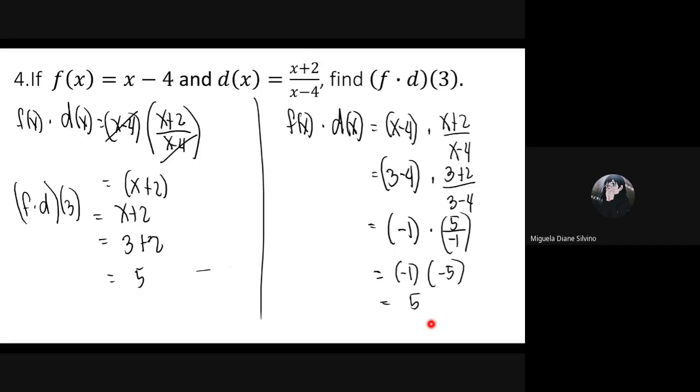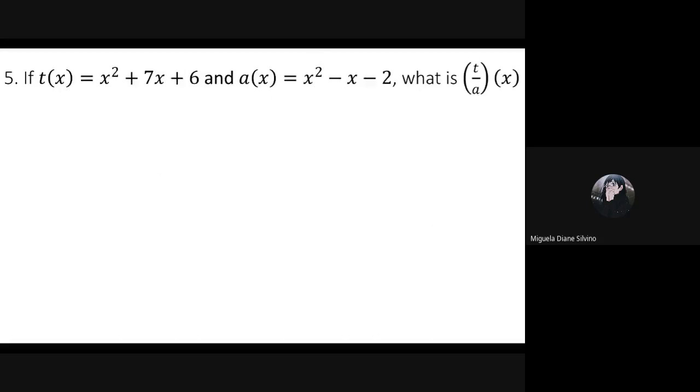Let's have the last example. This one. What is T over A of X?